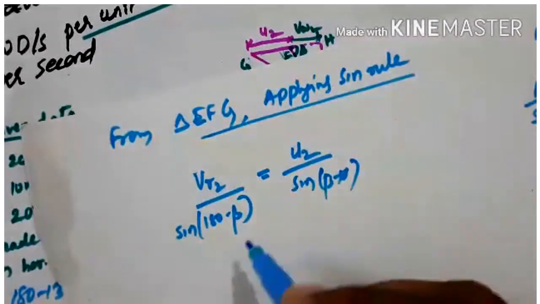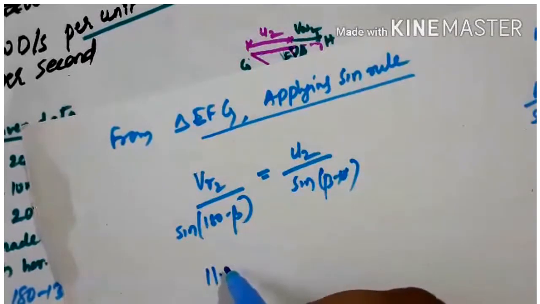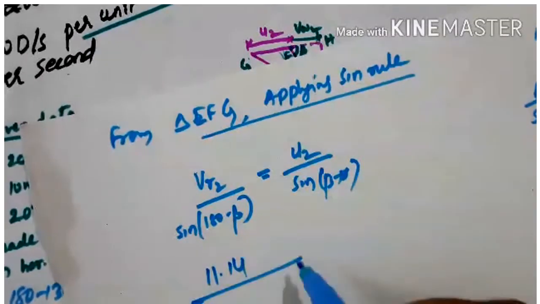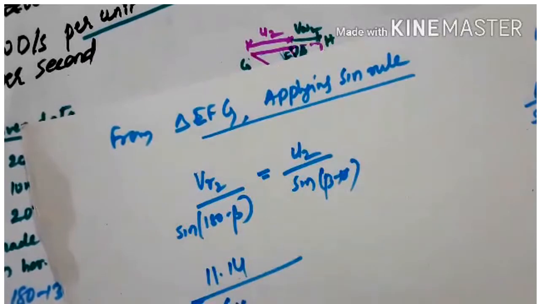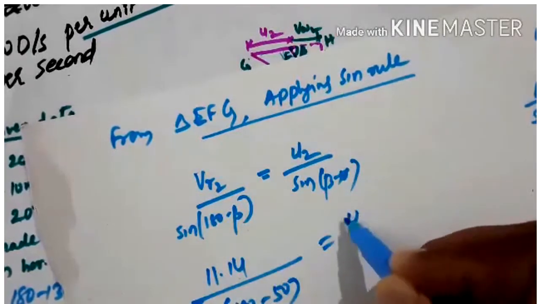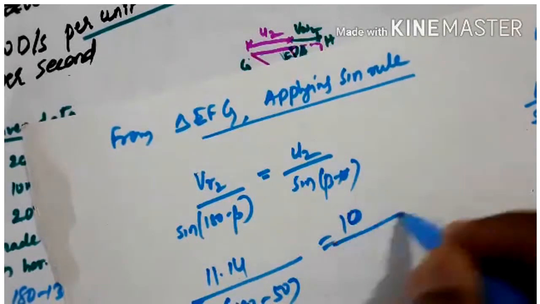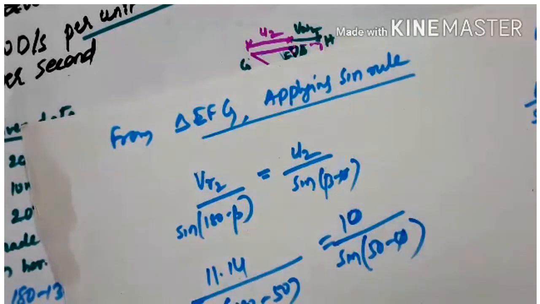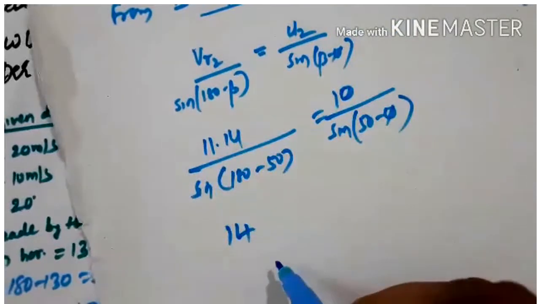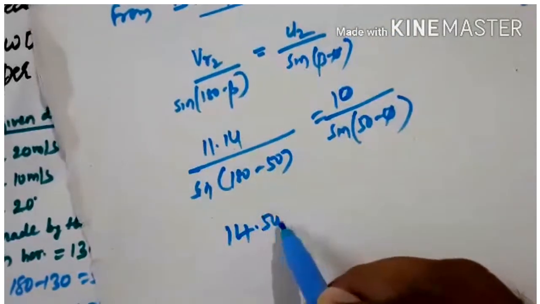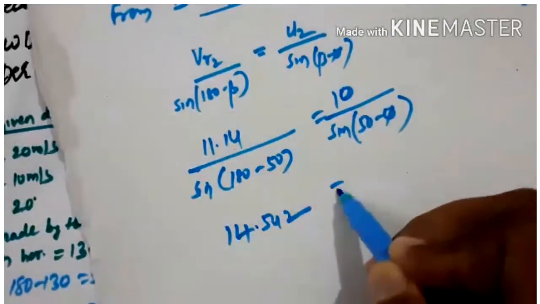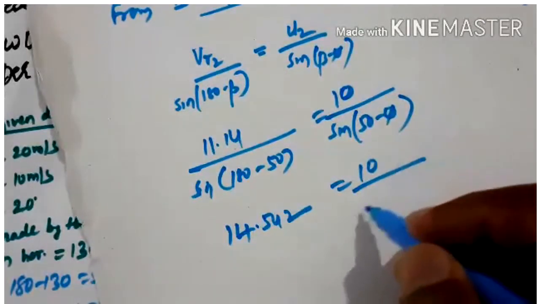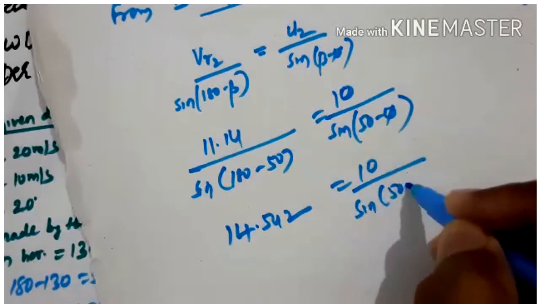So here substitute 11.14 divided by sine of 180 minus 50, because we know the value of beta and also the value of U2. Sine of beta we also know, but the unknown is phi. Then simplify: 14.542 is equal to 10 divided by sine of 50 minus phi.